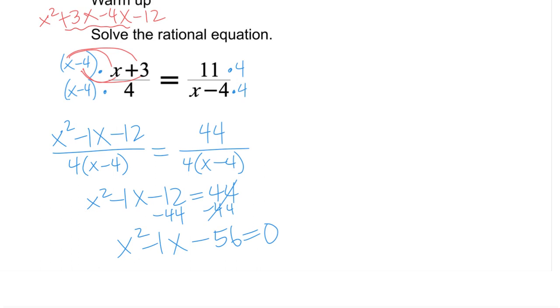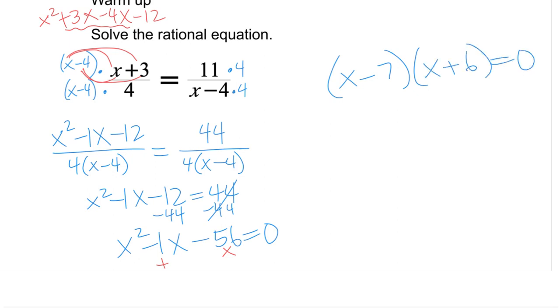So what two numbers multiply to be negative 56, add to be negative 1? If you need to list out your multiples, that's always helpful. Numbers that multiply to be 56. I just figured out in my brain that it would be an x minus 7 and an x plus 6.